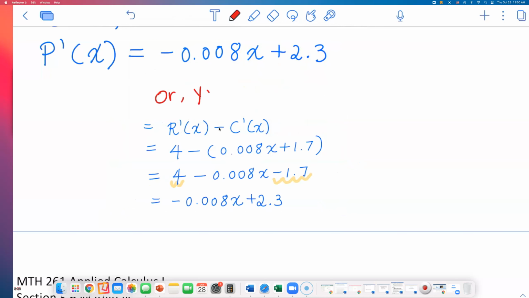Or you can do this, and you notice the answers. This matches what we got. So to me, honestly, just taking the derivative of p of x was easy, but if you want to subtract, that works too. Okay? All right, so that was part C.